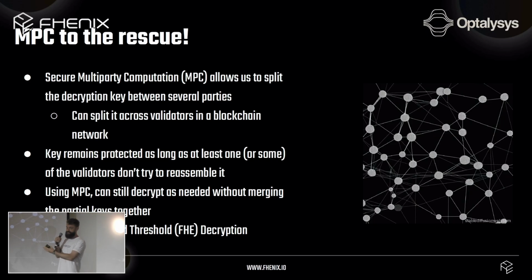What it lets you do is take the decryption key and split it between multiple parties. You split it using a technique called secret sharing. Secret sharing means multiple parties can hold a share of this decryption key without having to reconstruct it and use it to decrypt the ciphertext afterwards.